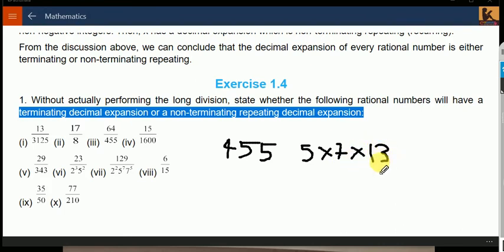It has a factor of 5 but it does not have a factor of 2, and has many other factors too. Therefore it will be a non-terminating repeating decimal expansion. Next, if I take any other such number, it has both the factors, therefore it will be a terminating decimal. It also has both the factors, terminating decimal expansion. Similarly, you can find the others also.